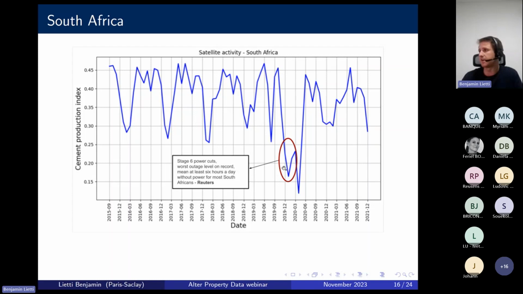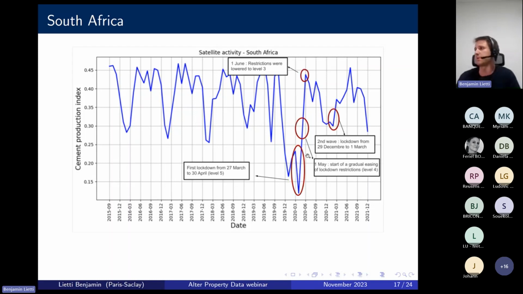And then for the rest of our sample, we can see that what we can detect coincides quite well with the COVID-19 events. So first, a very important lockdown from March to April. So we can see this huge decrease in the cement production. Then, as of 1st May and later, there was a start of a gradual easing of lockdown restrictions.